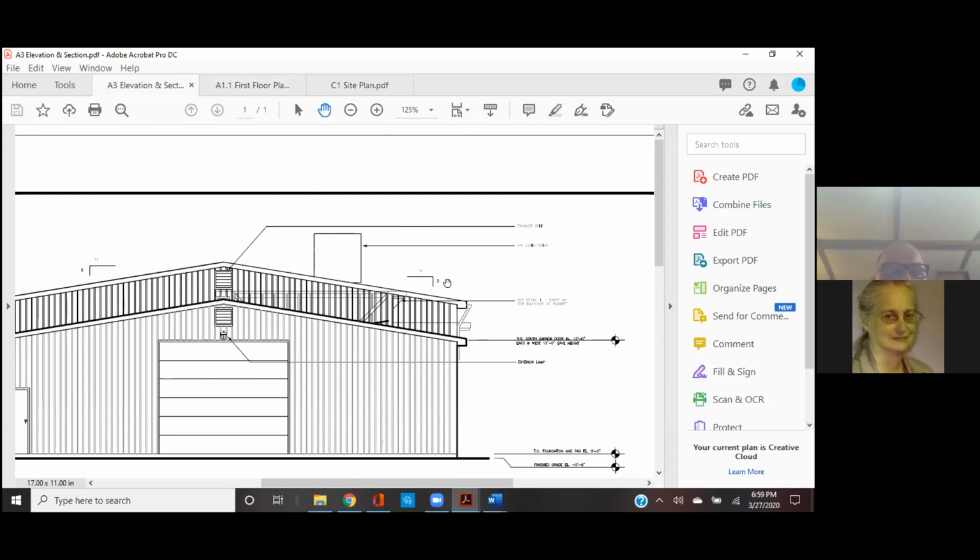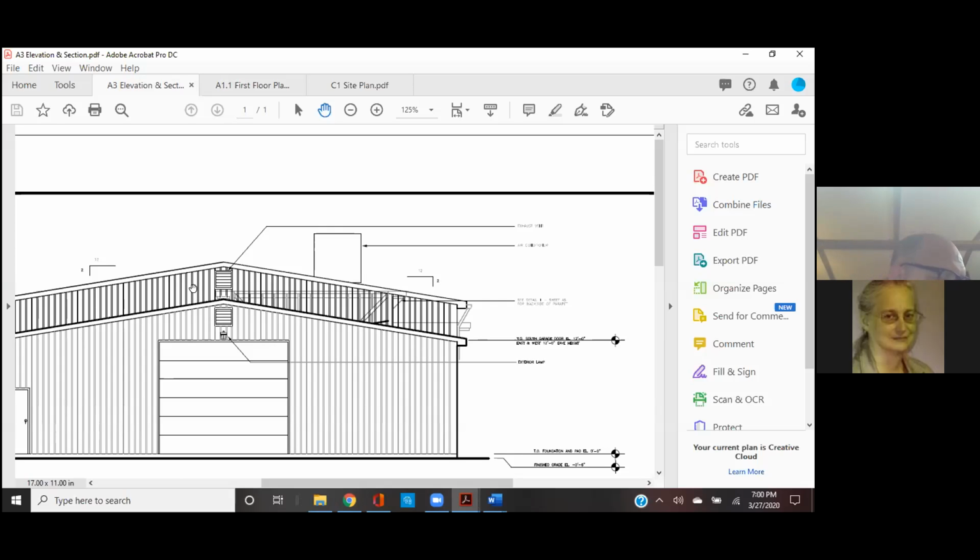Oh, I never thought of that. I was just pointing out this must be an air intake, but this must be an exhaust vent right here. Yeah, I bet they're both exhaust vents. But the one elevation had those three big things sitting on top of the roof, remember? And they're curved down.